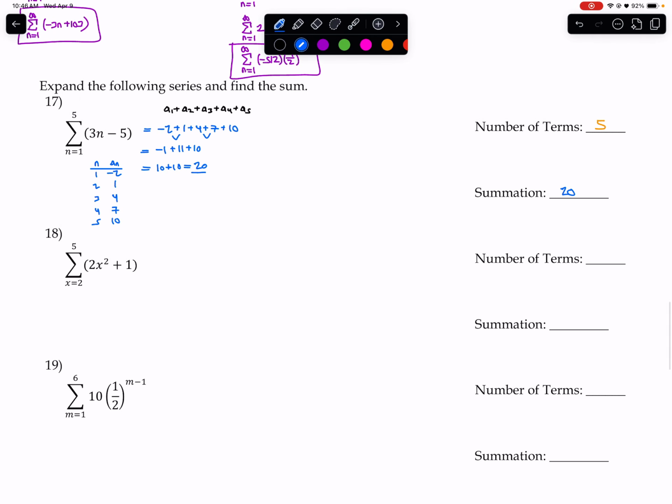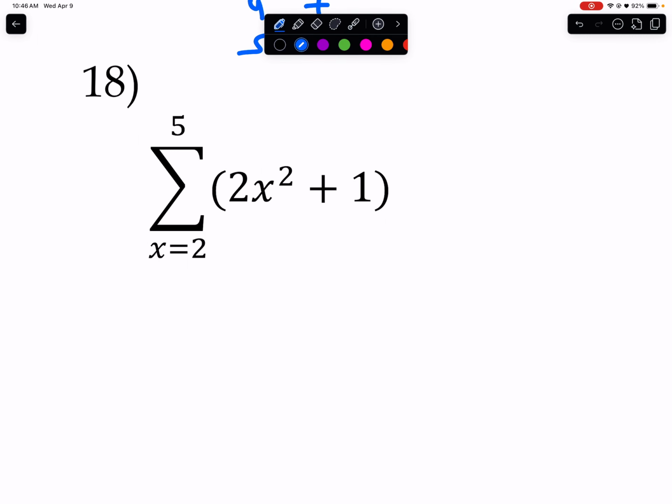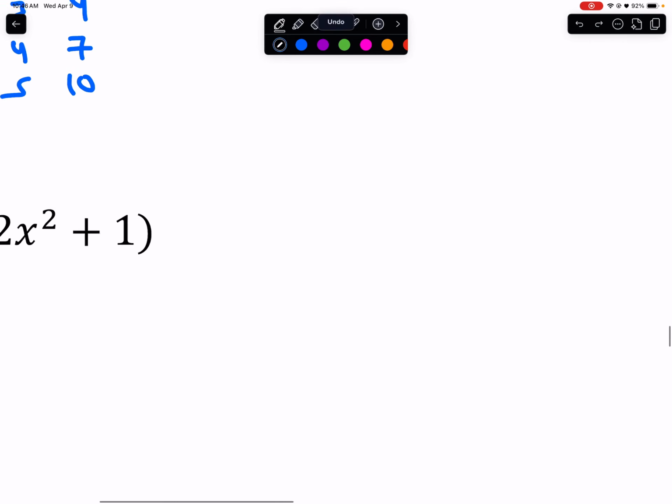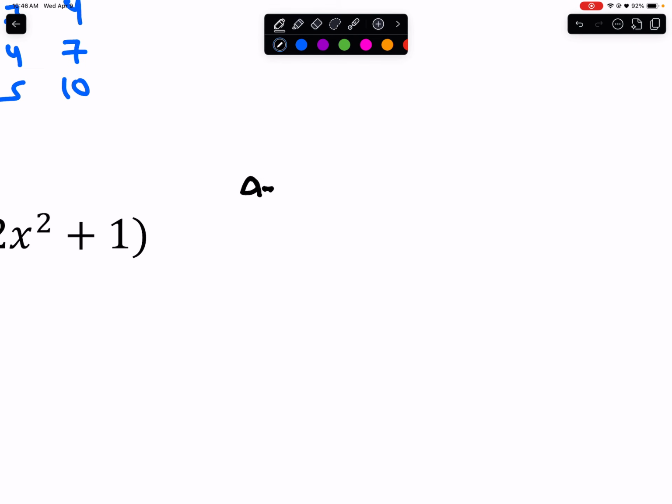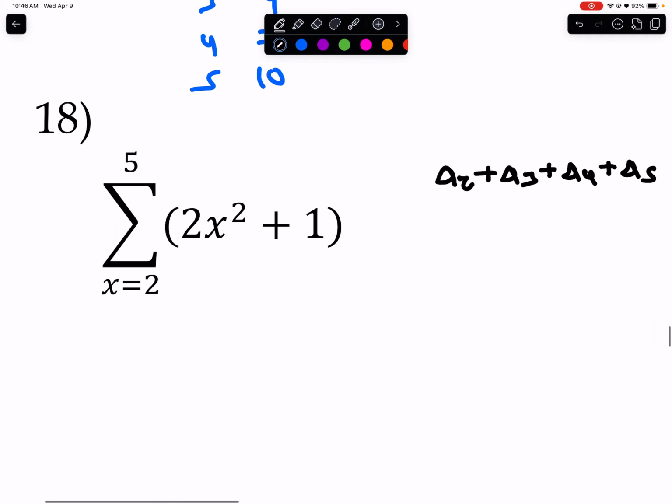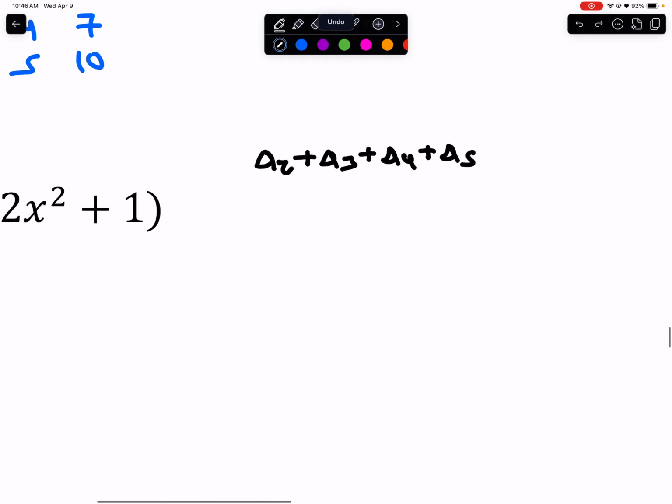So moving on. Now with 18, we want to start at the second term and go to the fifth term. This means I want to start at a sub 2, and then add a sub 3, then a sub 4, and then a sub 5. Notice how we're ending at the fifth term, but we don't have 5 terms.